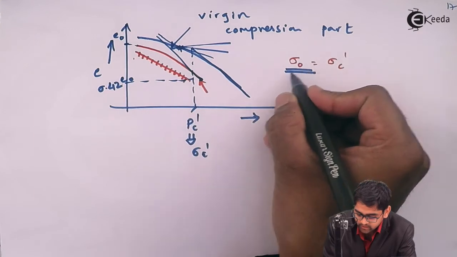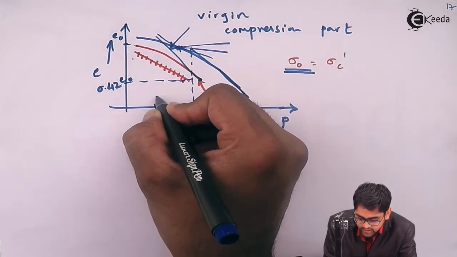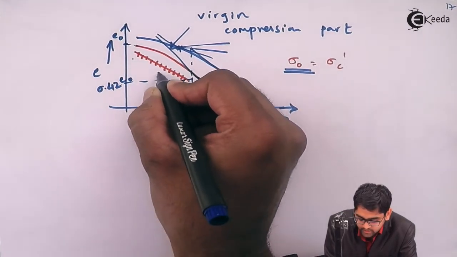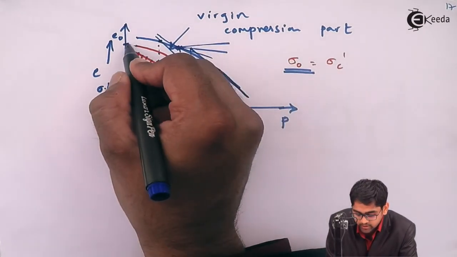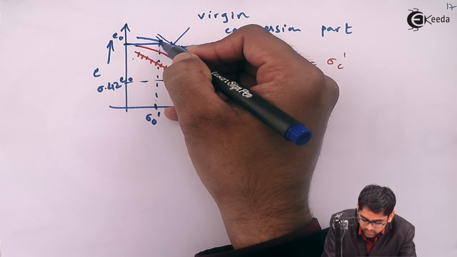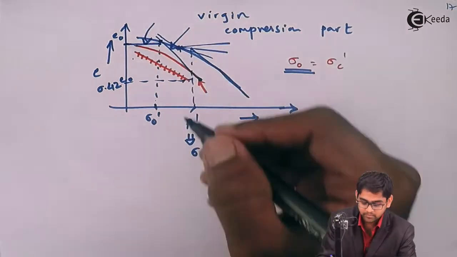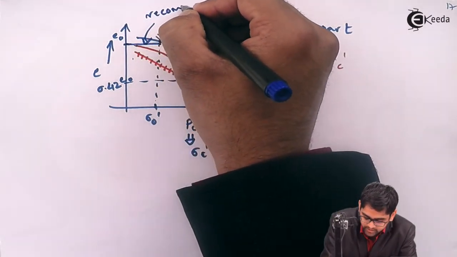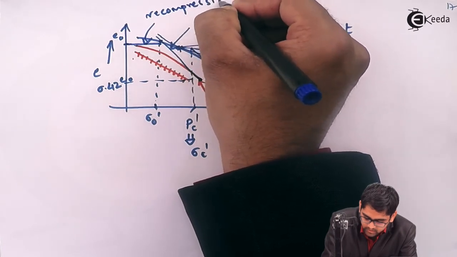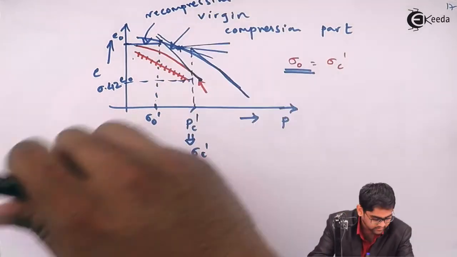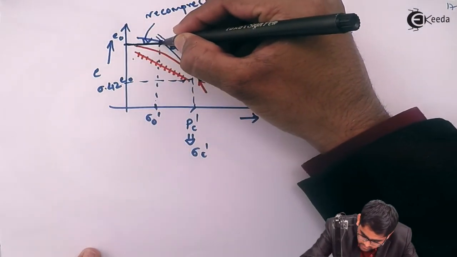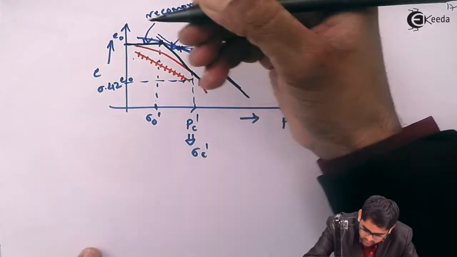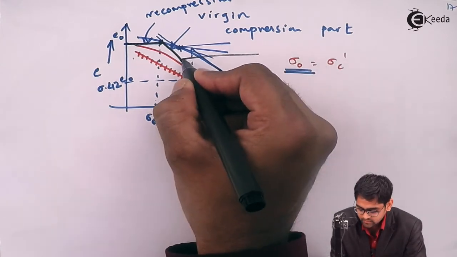You extend it in the forward direction, and it will again meet this point, and you draw a horizontal line like this. So you get the recompression part of this curve, and you can get the field curve this way. This is the straight line, and this is the field curve.